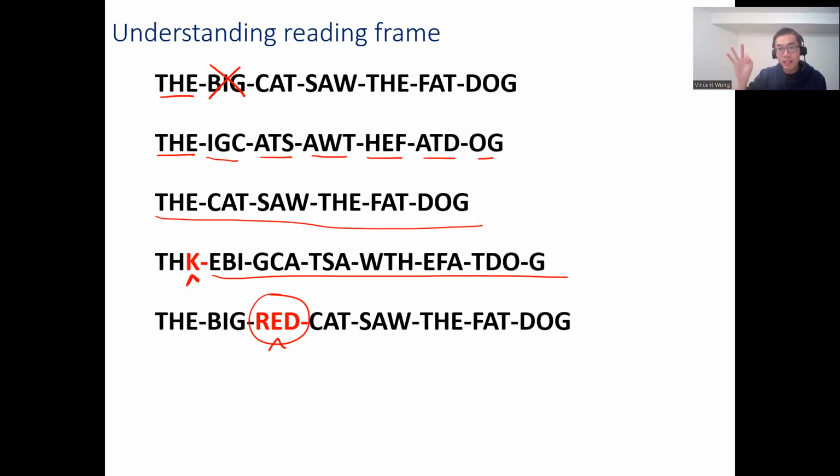If you insert 3 nucleotides, you end up having an extra amino acid, right? If you insert 6 nucleotides, how many extra amino acids are you going to have?